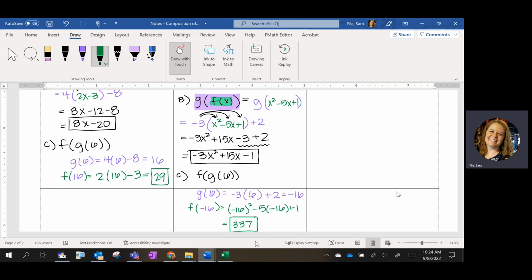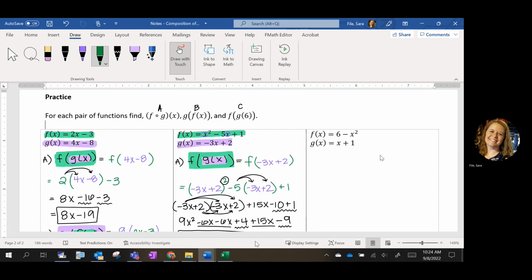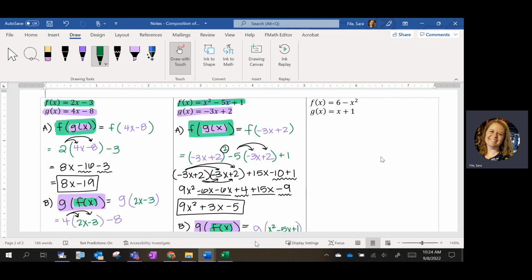So far, so good? Just looking at the equations for the last practice set, do you think it's going to be as complicated as this last one, or a little bit simpler, easier for simplifying? Okay, and why do you say that? Well, there is still a quadratic, I have x squared, but it's a different type of quadratic.